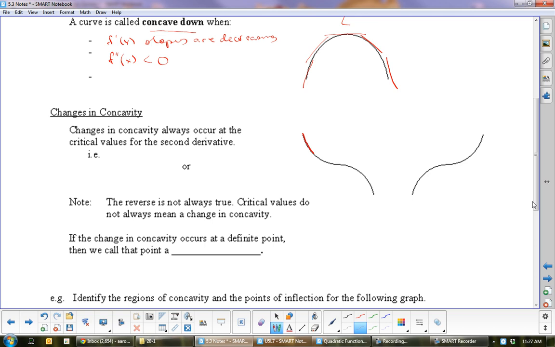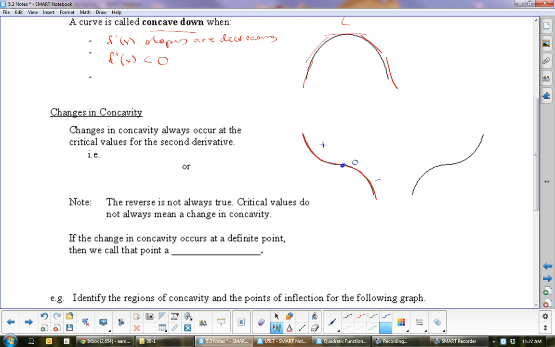Okay. Now, another important thing that we're going to do is when it changes from, in this case right here, concave up to concave down. There is a point where it has to obviously change. So if it's positive going to negative, there was a change there. And the only way to change from positive to negative is to have a 0 there.